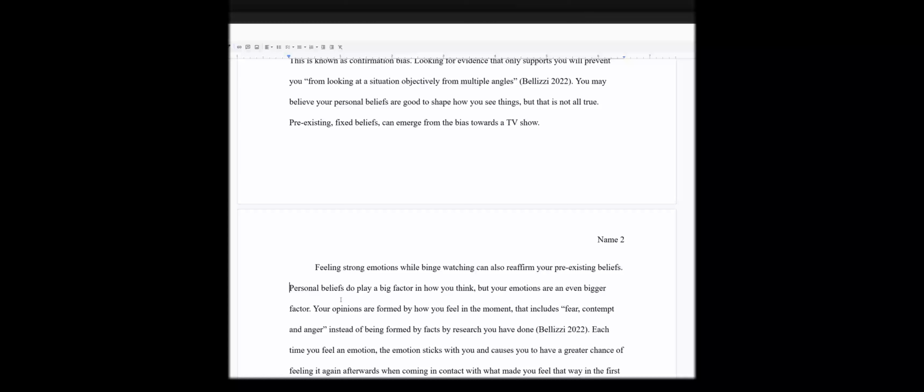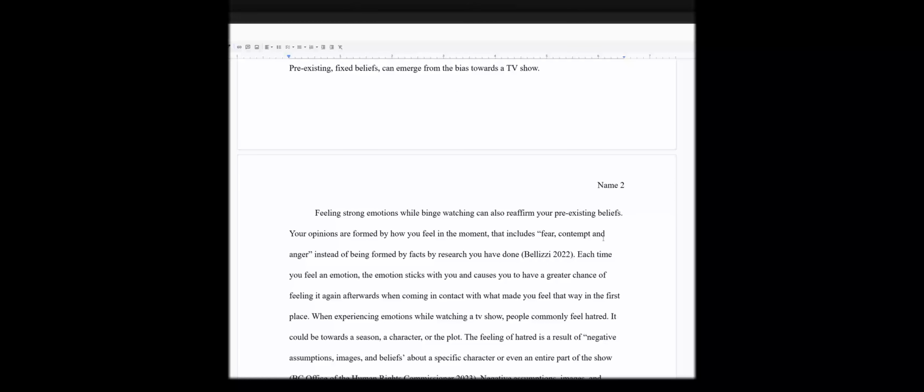I think I'm just going to rewrite this here to say emotions can be an even bigger factor in determining belief than well, see, now that we phrase it this way, personal beliefs, emotions can't play a bigger factor in forming beliefs than beliefs are in forming beliefs. Or rather, they don't even compete. So let's see what happens when we just take this whole thing out right here. Yeah, I think that works.